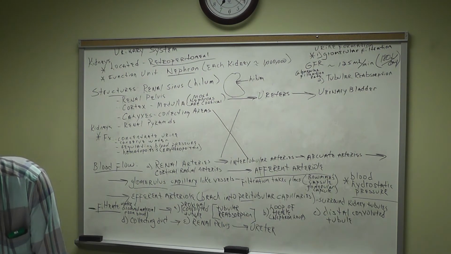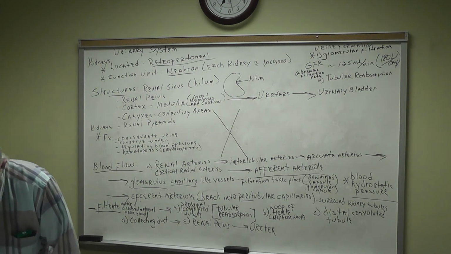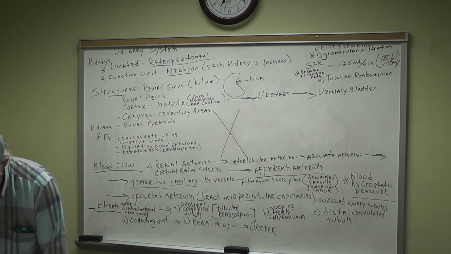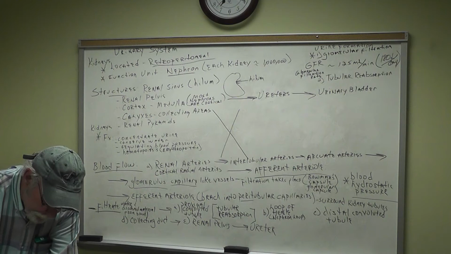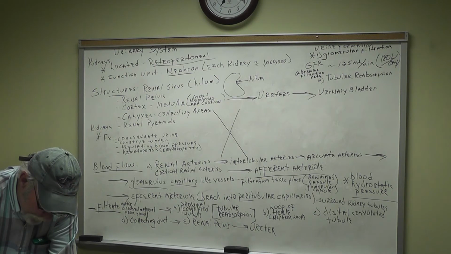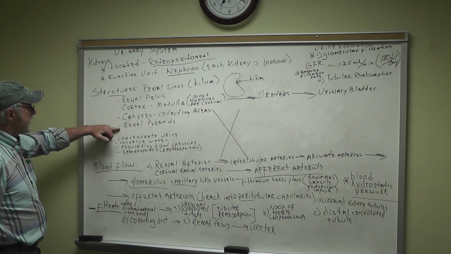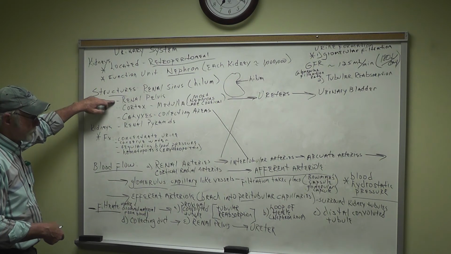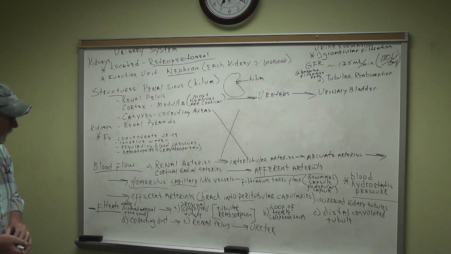And then these collecting ducts will end up dumping urine into, in figure 17.3, the pyramids, which terminate in the calyces, which then eventually terminate into the renal pelvis, a larger collecting area.